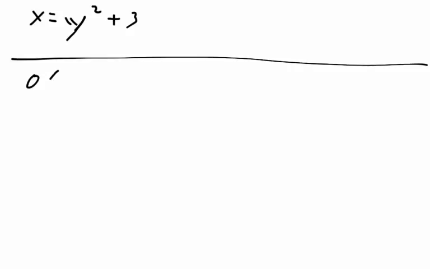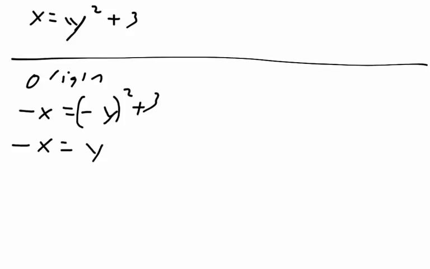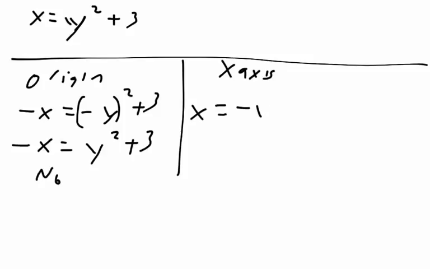Next, x equals y squared plus 3. For the origin, negative x equals negative y squared plus 3. We got a negative in front of the x, so the answer here is no. For the x-axis, we change y to negative y.